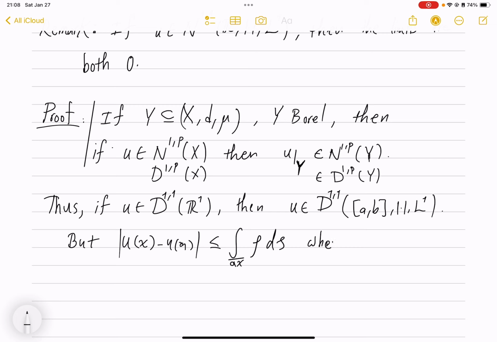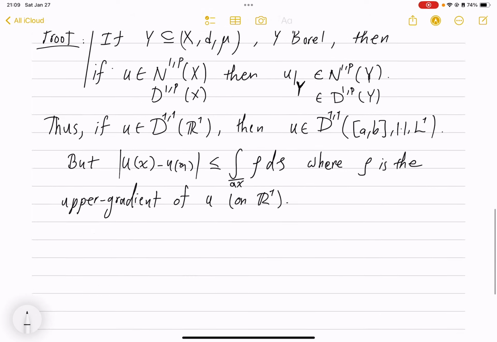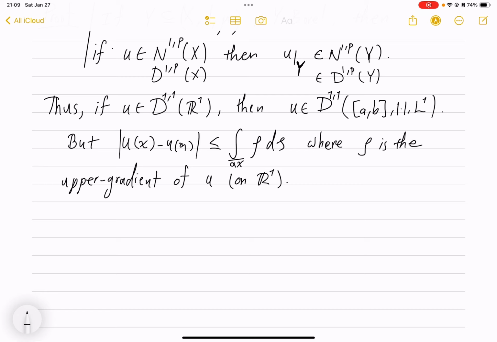where rho is the upper gradient of u, and this is like on all of R^1, an upper gradient. And by assumption of being in D^{1,1}, this integral of rho from a to x is bounded for any x, even if you are outside this compact interval [a,b].